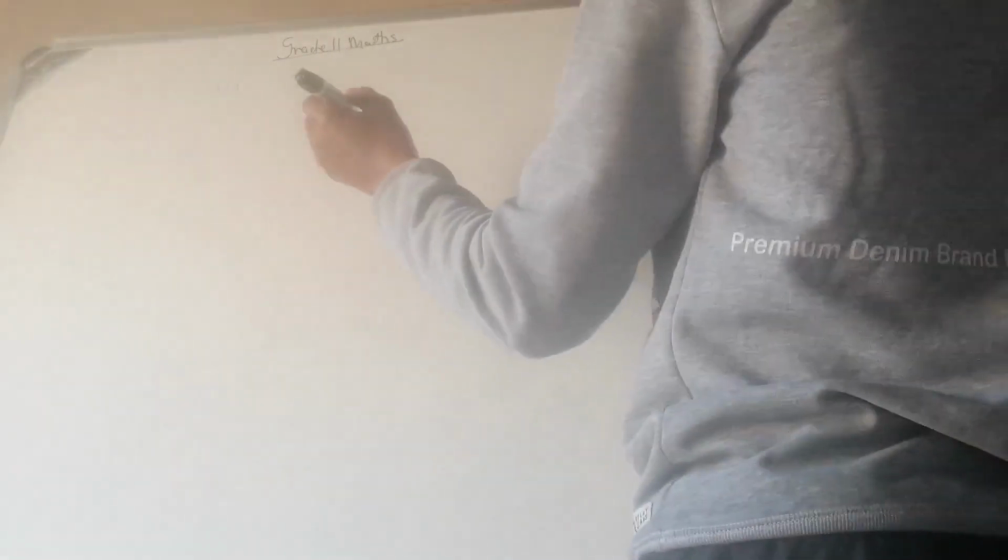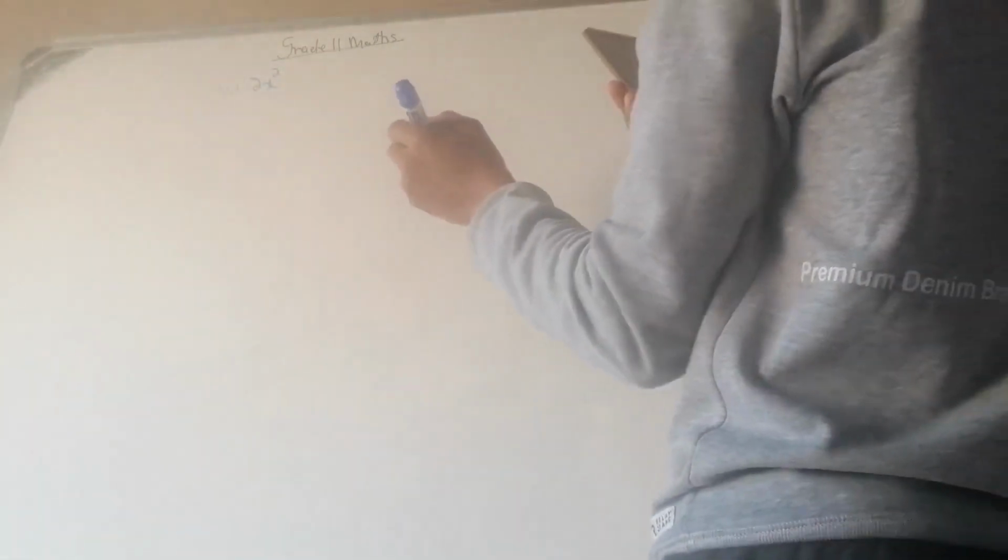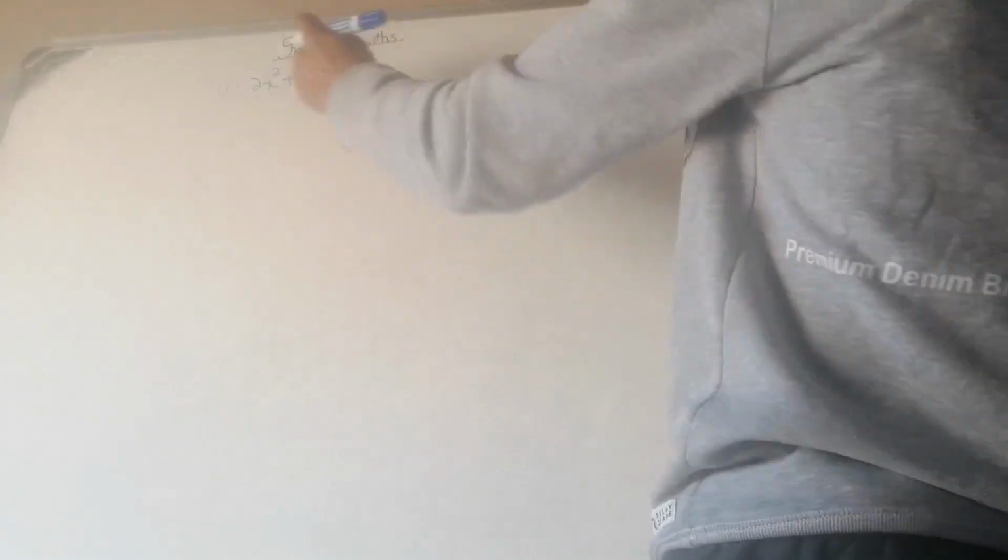Let us try to review that. We had a problem, first of all, in 1.1.1, 2x squared plus 5x equals 0.